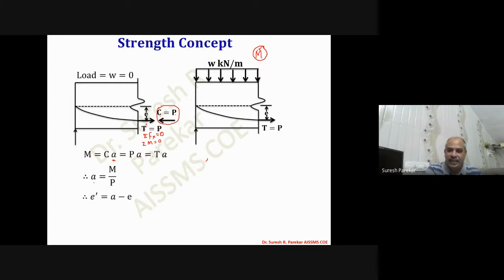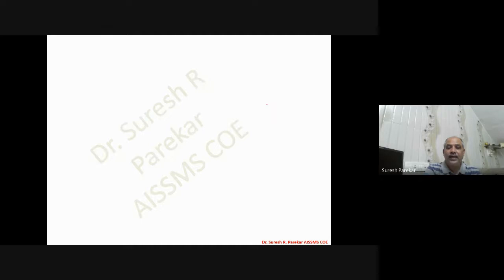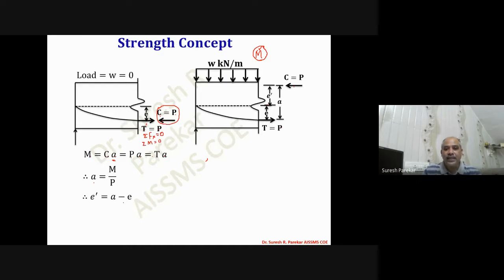We are considering the center. So this will be a, where our C line is shifted, and the moment developed by C into a or P into a is equal to the external moment. And now from this we get the location of this C line at a distance e dash from the centroid, and that e dash we can find as a minus e.